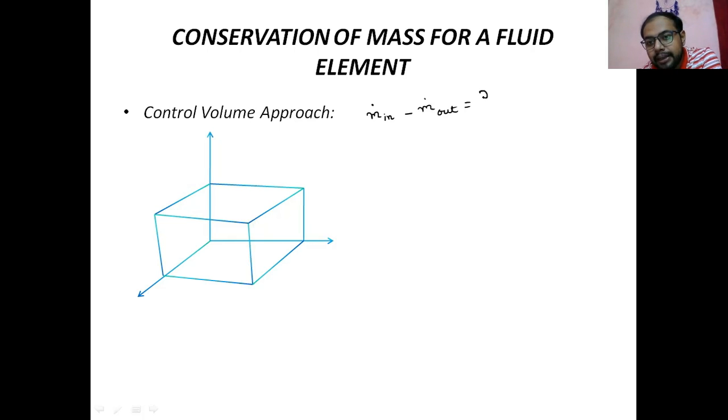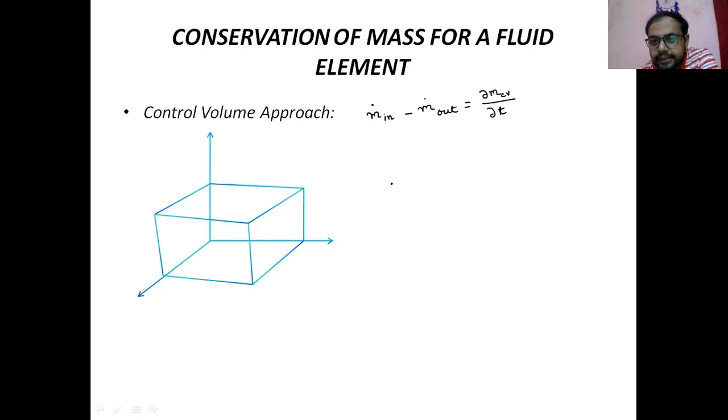So this can be written as del M of CV, the control volume mass changing with respect to time. Mass flow rate is coming in, mass flow rate is going out, and the balancing part is increasing or decreasing the mass of the control volume.